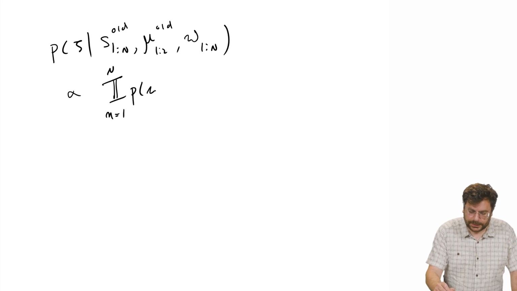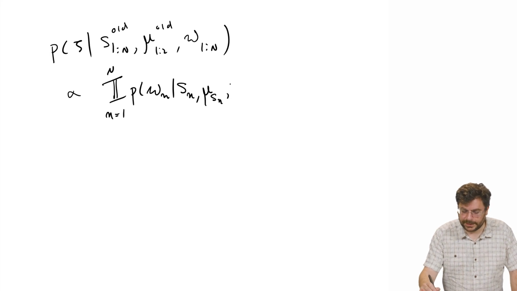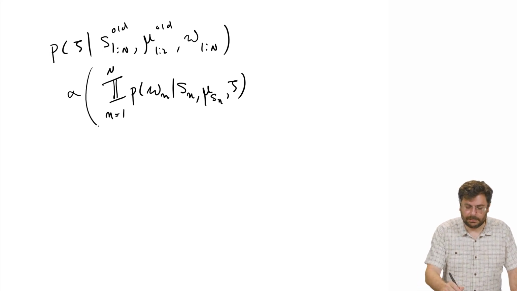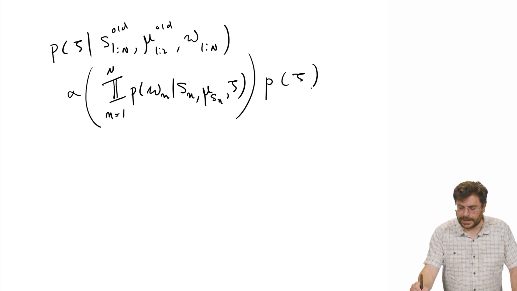So the data is going to be Wn given Sn, mu sub Sn, tau, times P of tau.